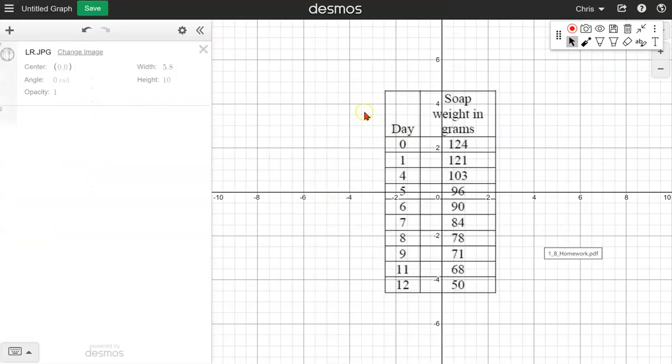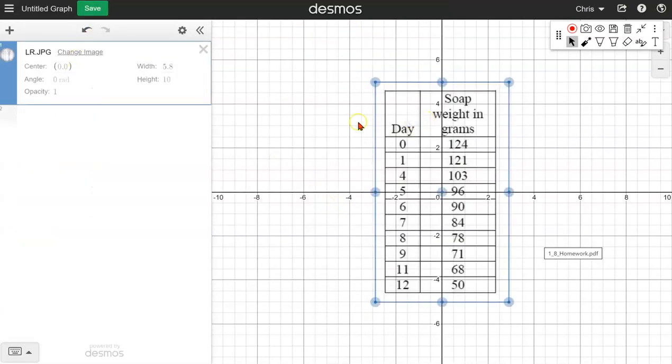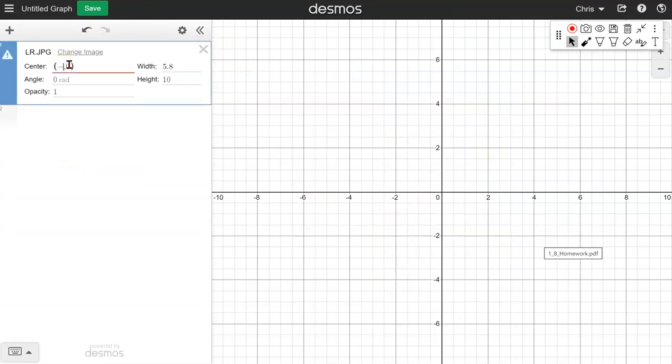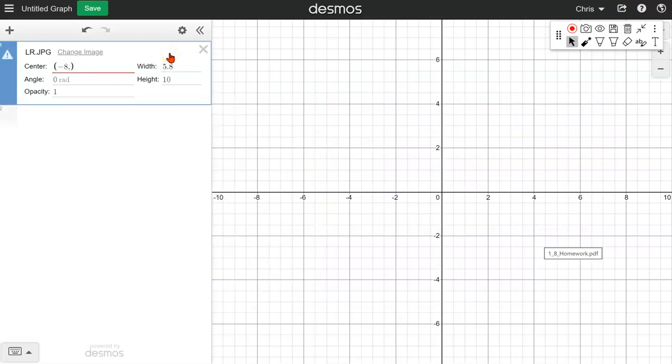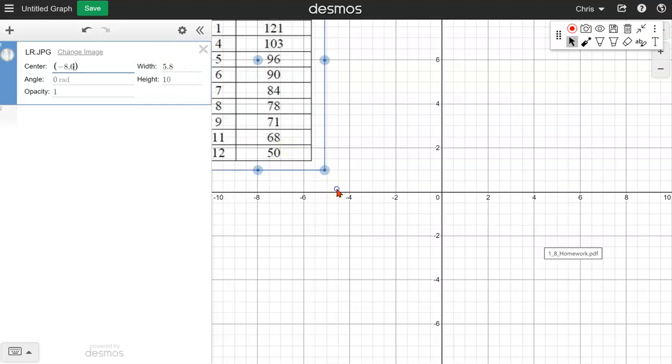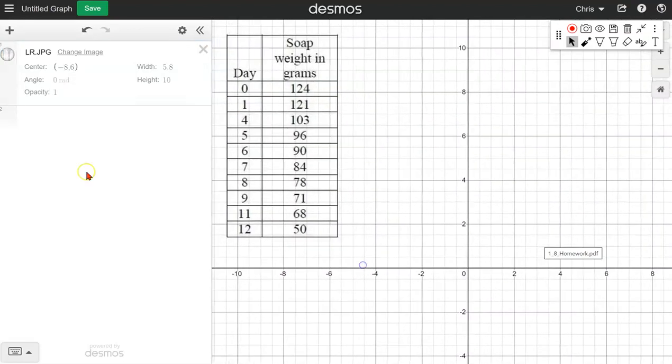You don't need to do this. I just want to have the data on this page so that you can copy it later. Okay, so we have the data here, day and soap.